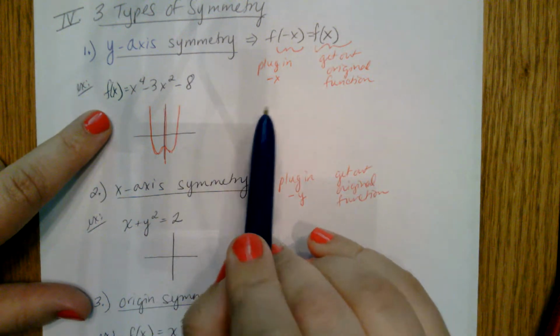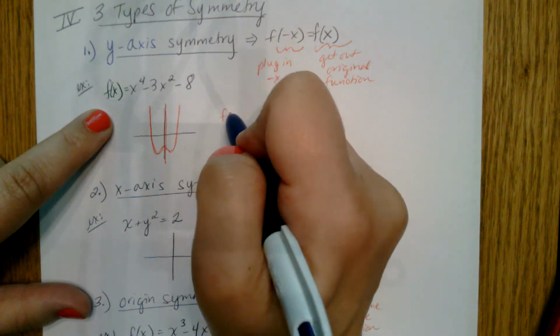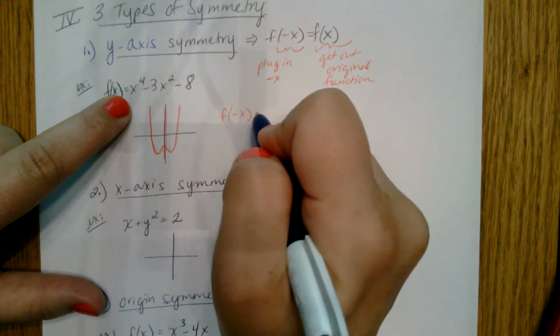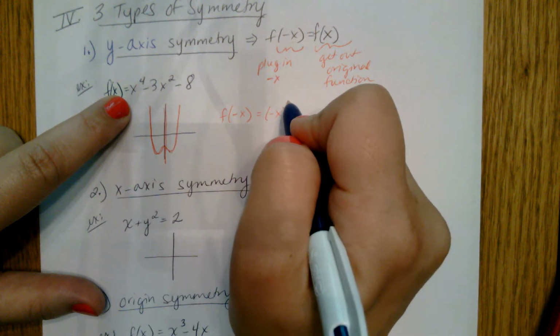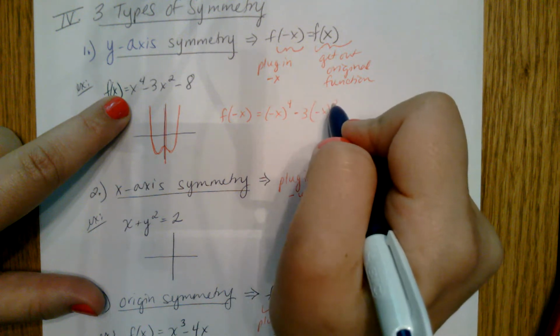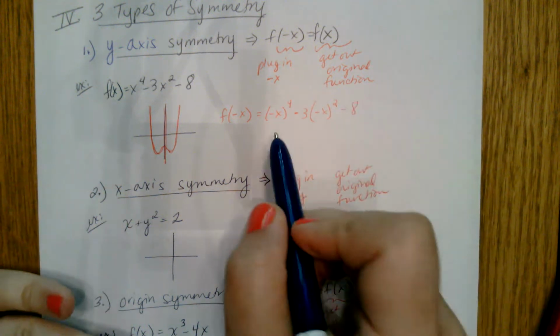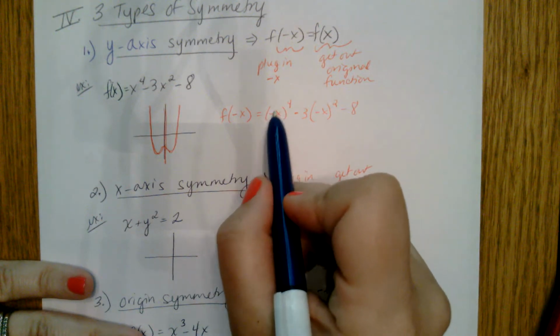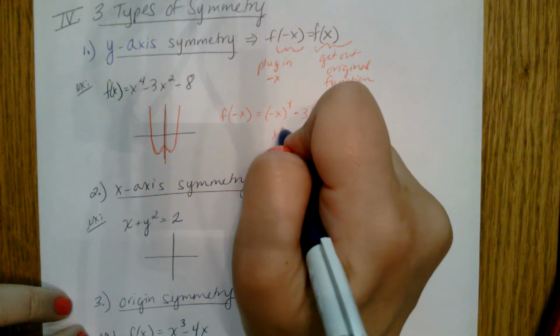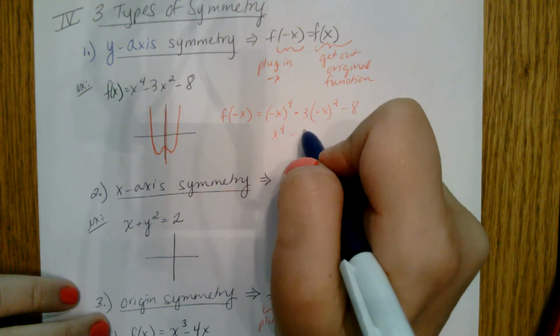So let me show you that right over here. If I were to plug in a negative x into this equation right here, so this would be negative x to the 4th minus 3 times negative x squared minus 8. If you take a negative number and you raise it to the 4th, doesn't it come out to be positive? So this would be x to the 4th minus 3.